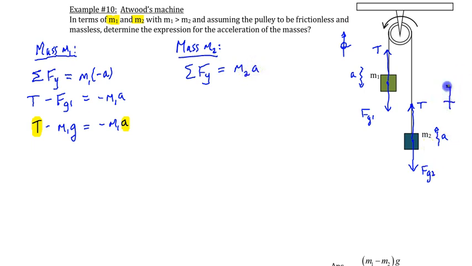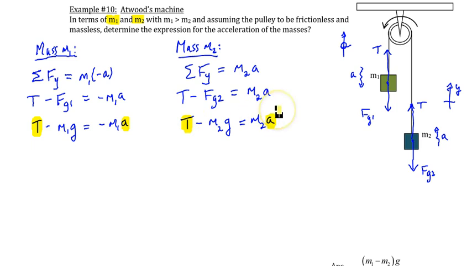We're still choosing our y-axis to be upwards here. So summing the forces in the y direction, we have tension up minus the force of gravity 2 down results in a net force of m2a. So tension minus m2g equals m2a. And once again, we'll see that we have tension as an unknown and acceleration as an unknown.